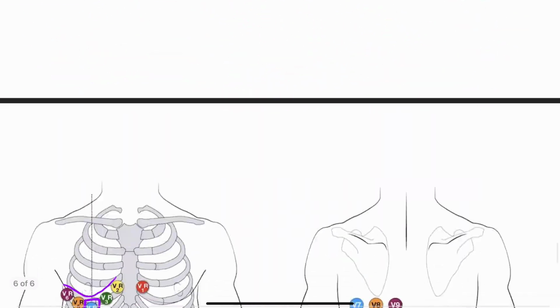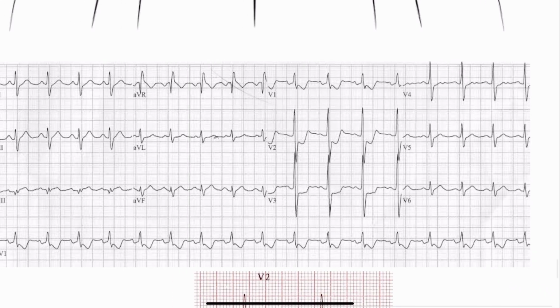Now if we look at this ECG very carefully, we see there is ST depression with positive R and T waves in leads V1, V2 and V3. So if we see this picture in this ECG, we will suspect this patient might have posterior extension.